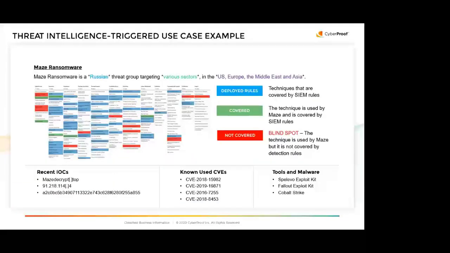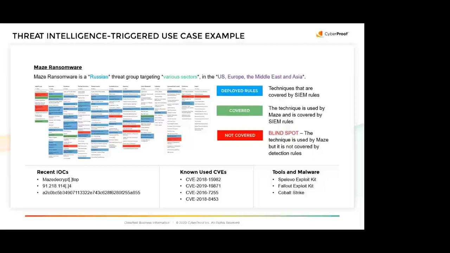And here's an example of that merging of the capabilities matrix, the desired state, and creating the gap analysis all in one slide. Essentially, this was done by the threat intelligence team. We looked at the Maze ransomware.